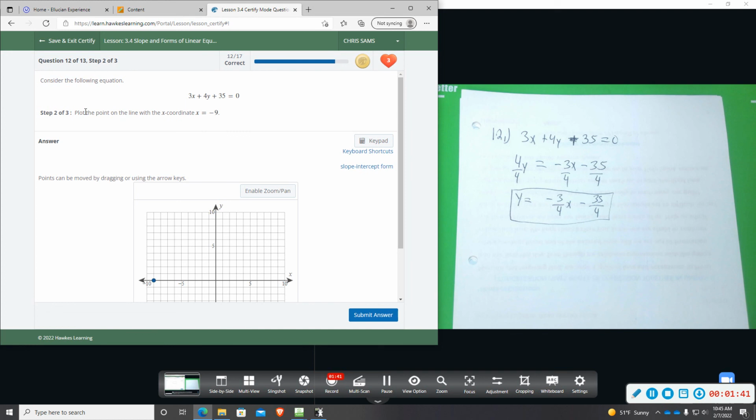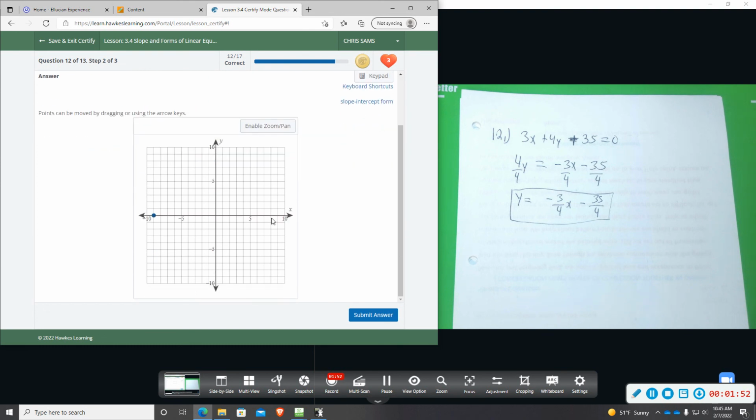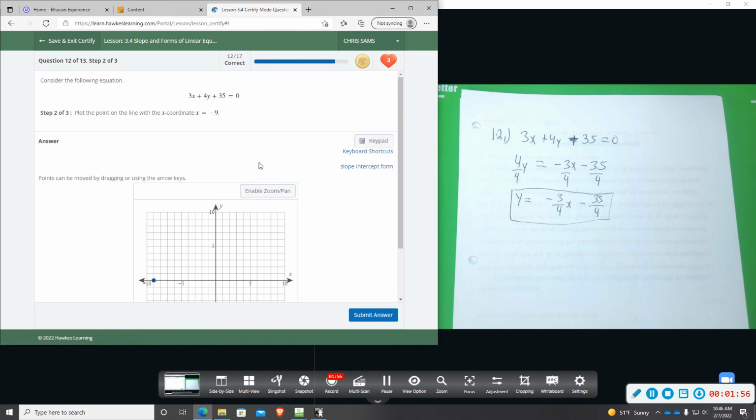All right, now part 2, we want to plot the line on the graph. We're going to use the coordinate x equals negative 9. So what that means is we're going to plug in negative 9 and see what y value we get for x, and then we can pick any other point.